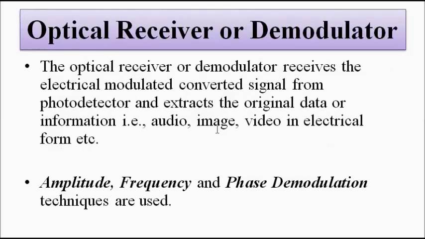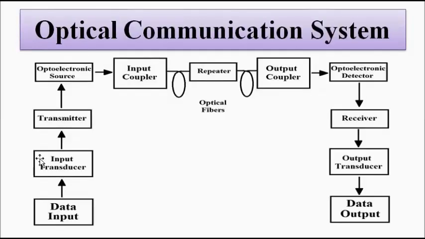It extracts the original information, but it is in electrical form. Various demodulation techniques are used for that. So it is just the opposite of the optical transmitter. It modulated the signal. This demodulates the signal.